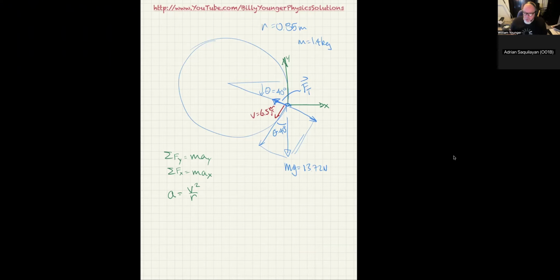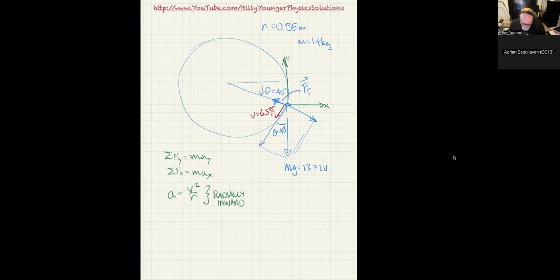I just wanted you to realize that that has to be true, or it can't go in a circle. If that acceleration equation is not true, then it's not in a circle. Exactly. So that one's got to be radially inward.